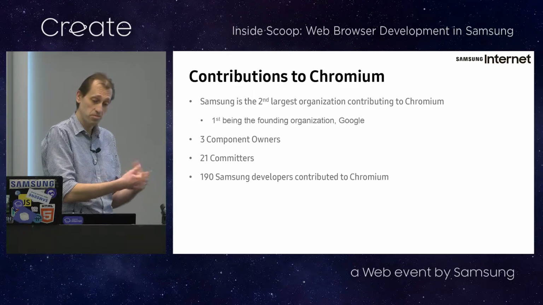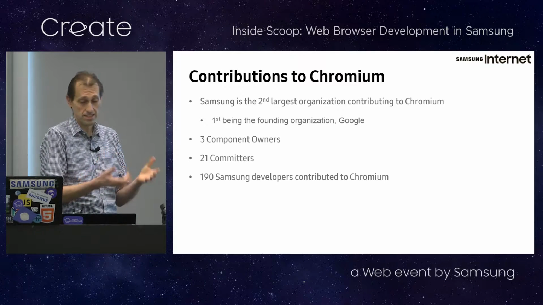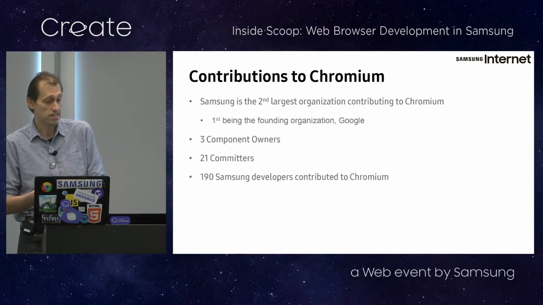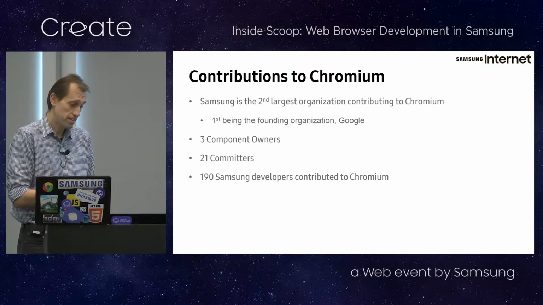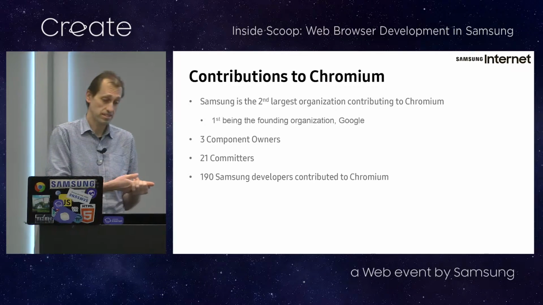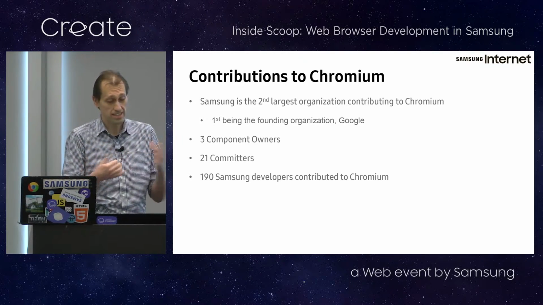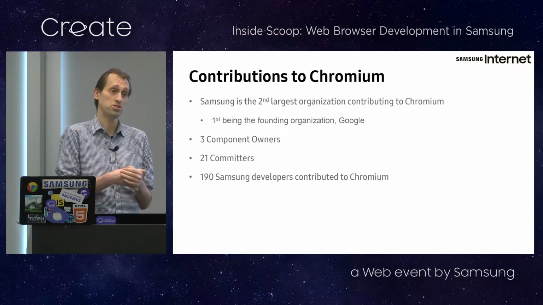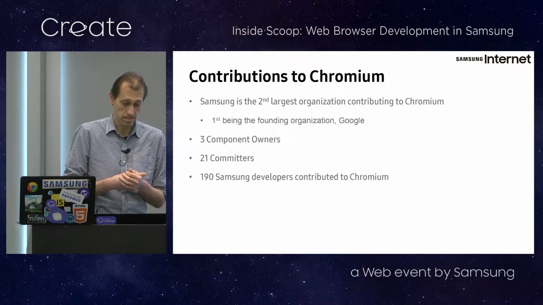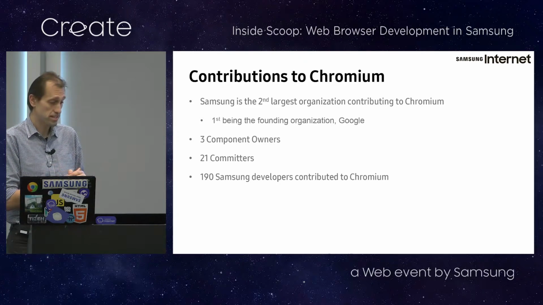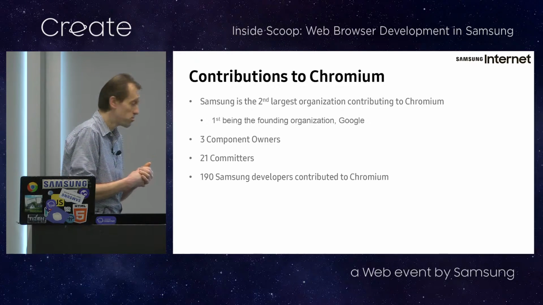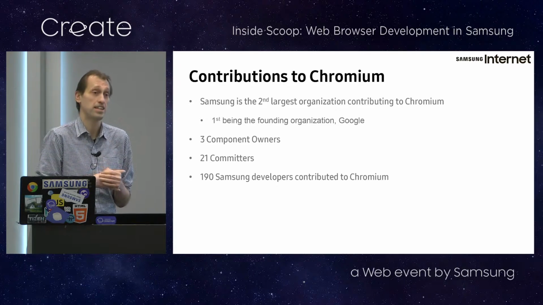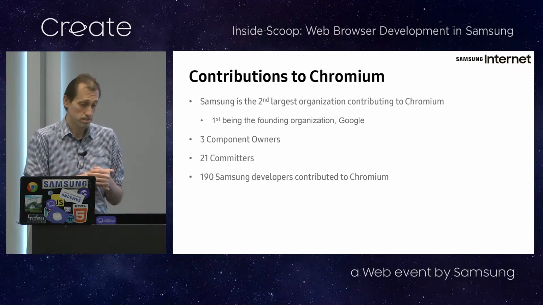You propose a change, you propose a contribution, and if that gets accepted, then essentially you are a contributor. If you contribute enough, then you become a committer. And if you contribute a lot, then essentially you become a person who can decide what contribution gets accepted and what doesn't. So in Samsung's case, we have almost 200 engineers who actually landed at least one patch to Chromium.